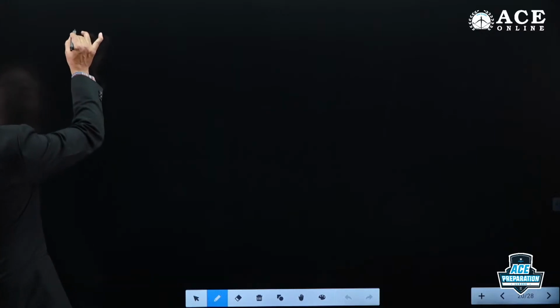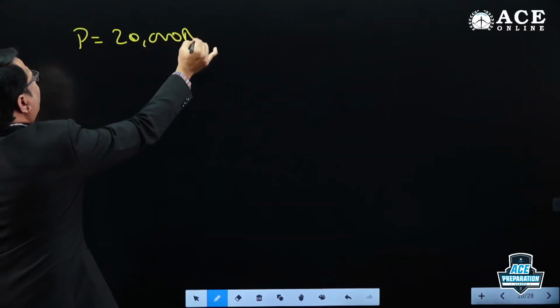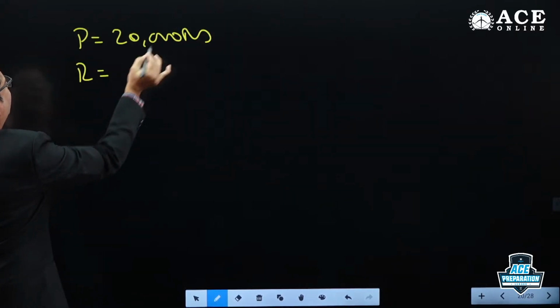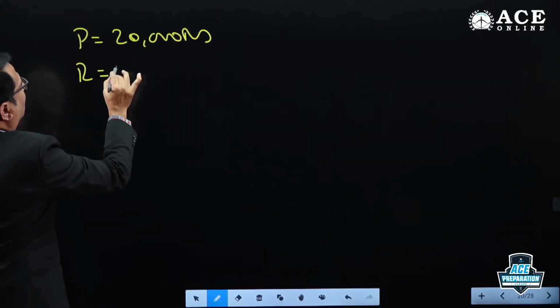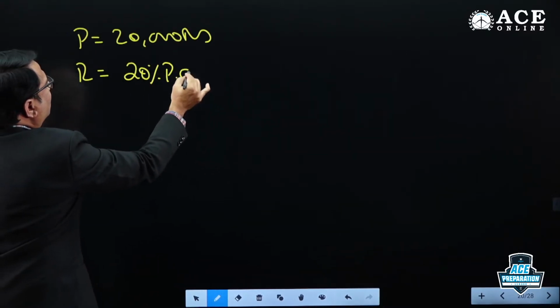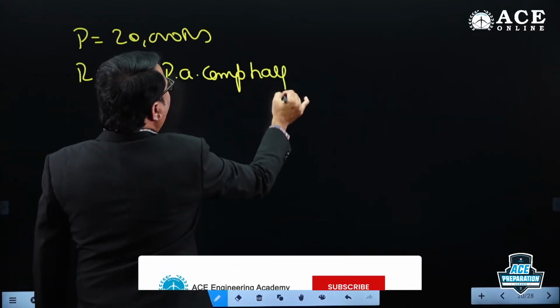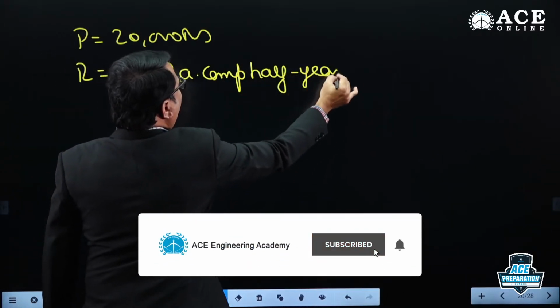Next example, principal 20,000 rupees. Rate of interest 20% per annum, compounded half yearly.